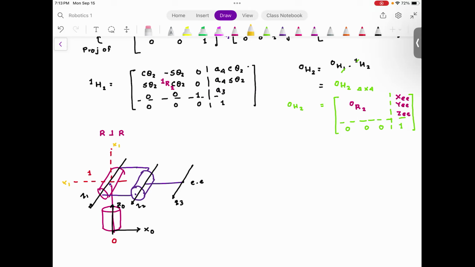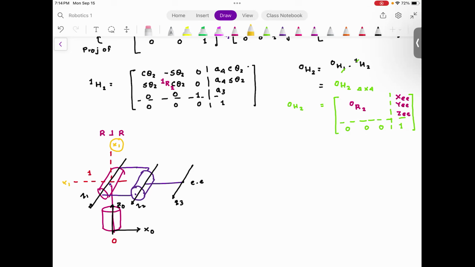For a minute, I want you to think about this possibility of X1. Even though it seems like it's going through Z naught, we want our X1 to be intersecting and perpendicular.